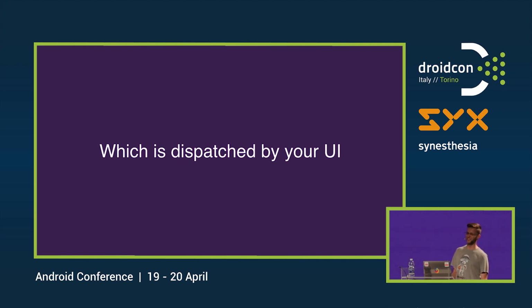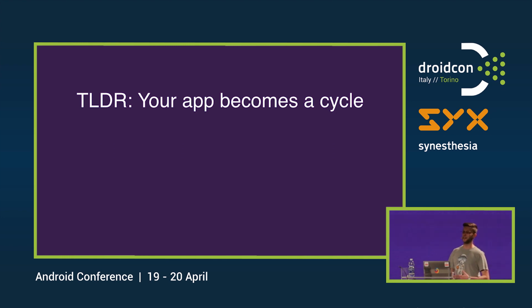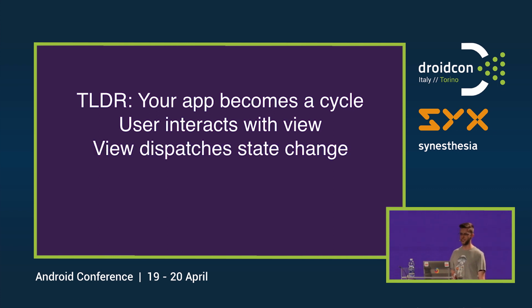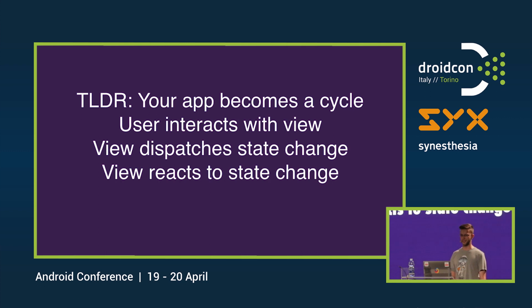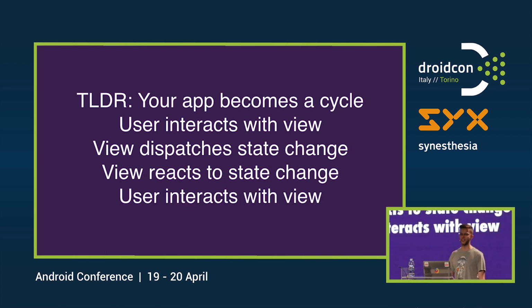So overall, I want you all to come out of here thinking about your app and user interactions as nothing more than a cycle. User interacts with a view. The view dispatches a state change. The view reacts to that state change. And the user interacts with that view again, which starts our cycle again.